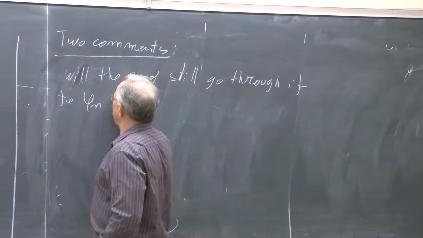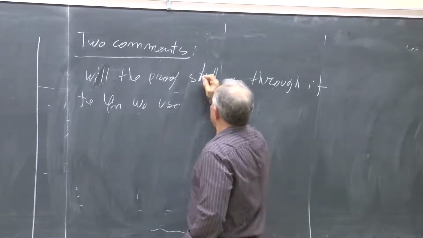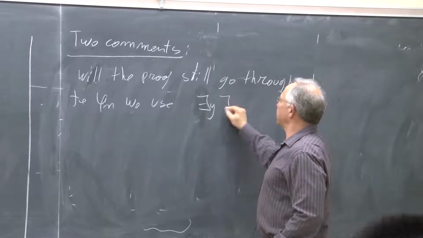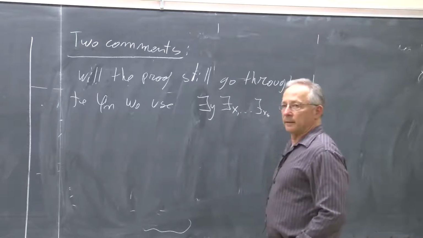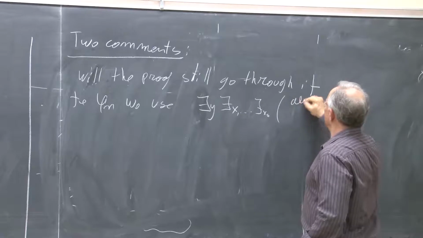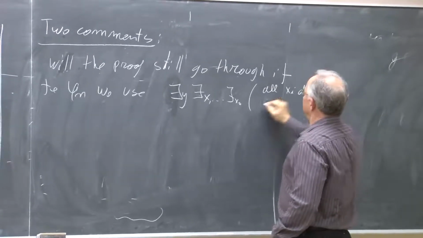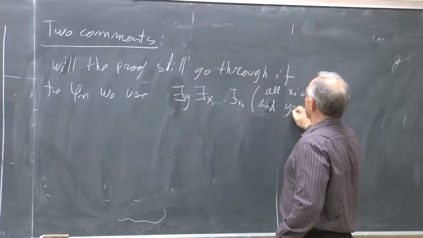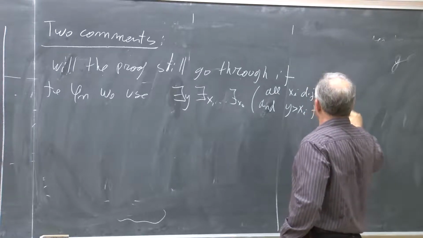for each phi n we use the formula: there exists y and there exist x1 up to xn such that all xi are different, and y is greater than xi for all i.